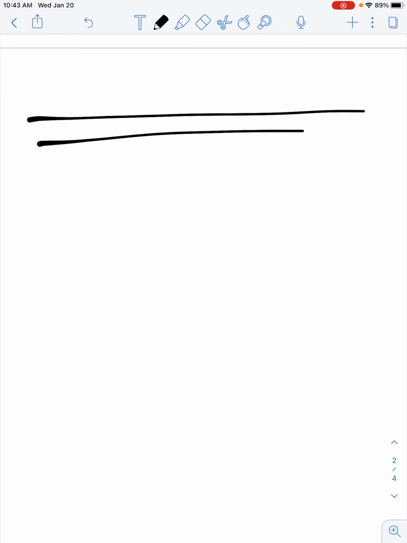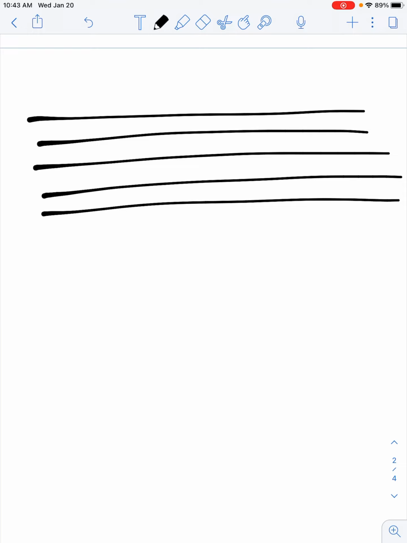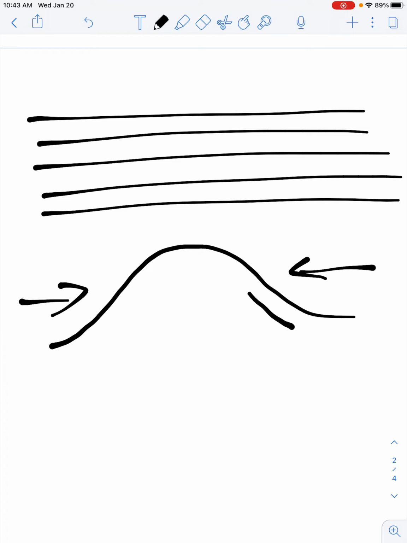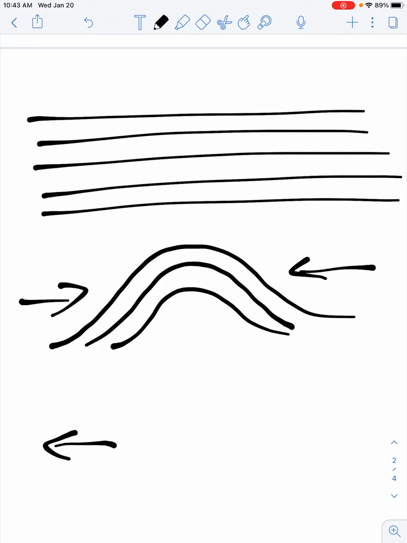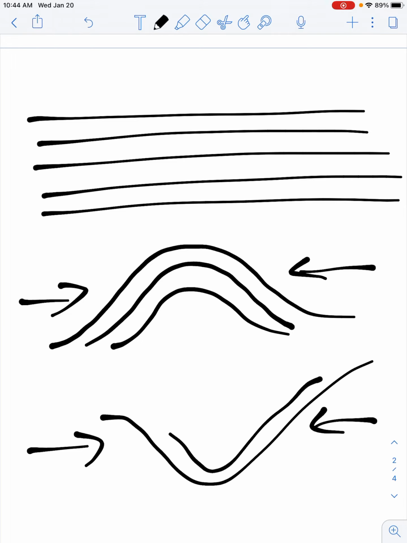You have the rock layer to start with, youngest over oldest, but then you have some type of plate movement where it's converging and the rock layers get squeezed together and form anticlines or synclines, monoclines, all types of folds. And these folds are another way that rock layers are disturbed.